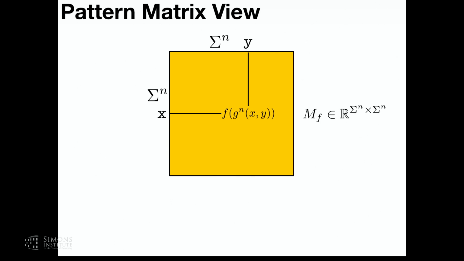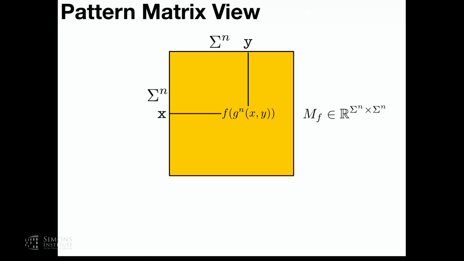As I said, the rows are indexed by strings of length n over the alphabet sigma, columns similarly, and the xy-th entry is the output of f of g to the n of x comma y. Okay? So these are called pattern matrices because in some sense, the pattern of f is embedded in this matrix in many, many places. You'll see a copy of f in every row, every column, and many other places.